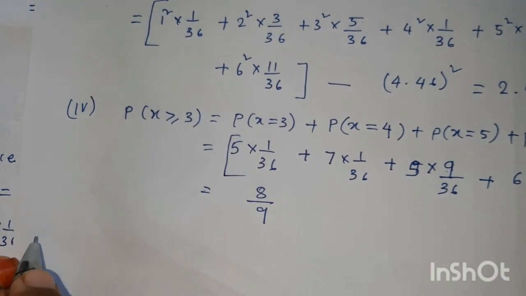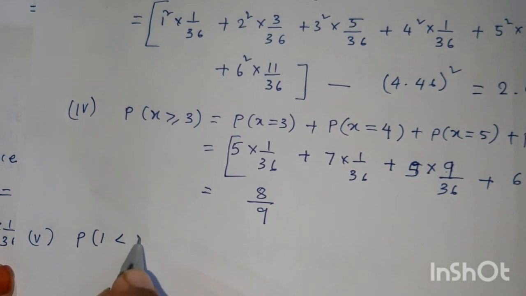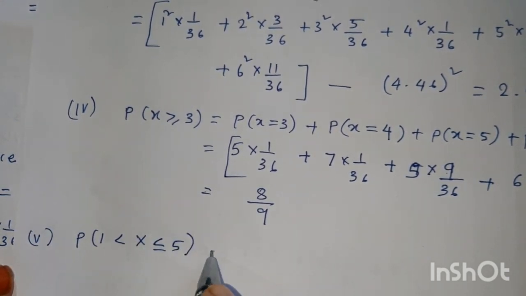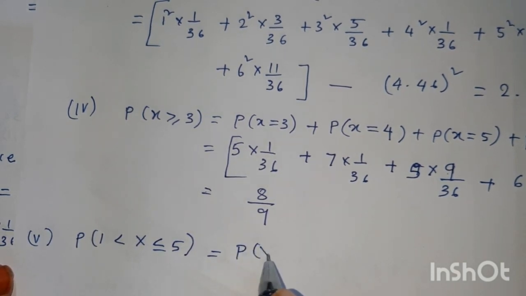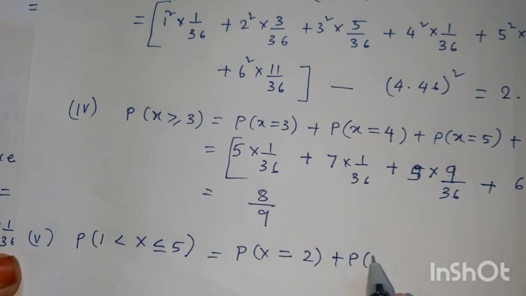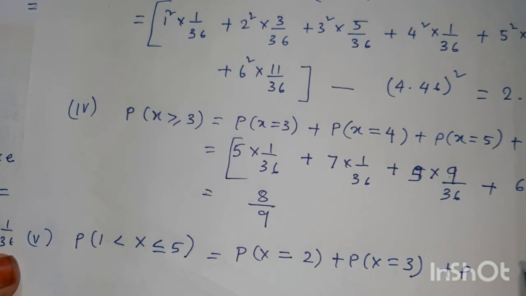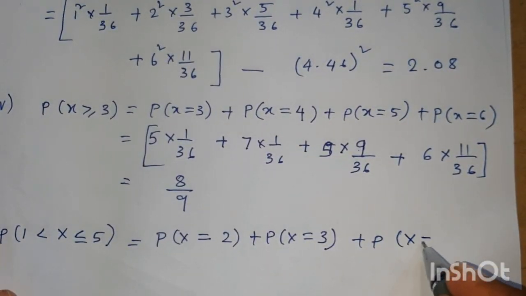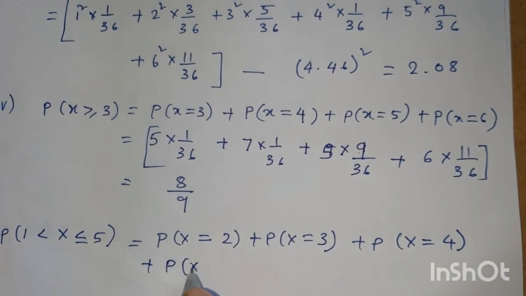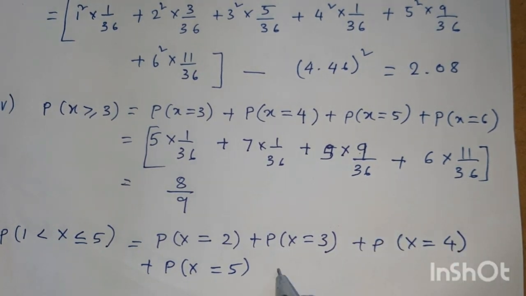Now let us find out the probability when 1 is strictly less than X less than or equal to 5. That is probability when X is equal to 2 plus probability when X is equal to 3 plus probability when X is equal to 4 plus probability when X is equal to 5.